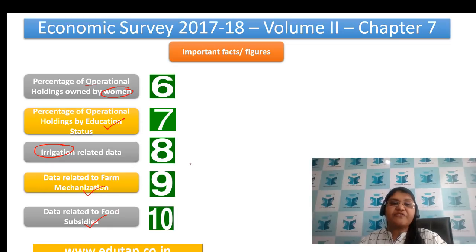Now, kindly don't get frightened by seeing these 10 big data points that we have presented here. These are very simple. Go to each one of them and memorize the important numbers that are required for our examination. Once you're done with these 10 things, revise them again and again, ample times, so that you do not lose the retention, right?